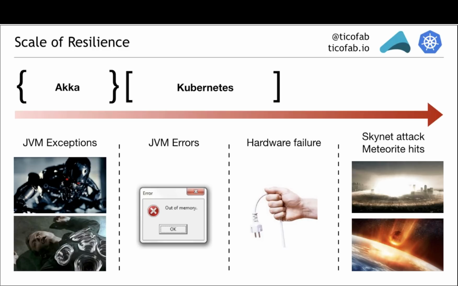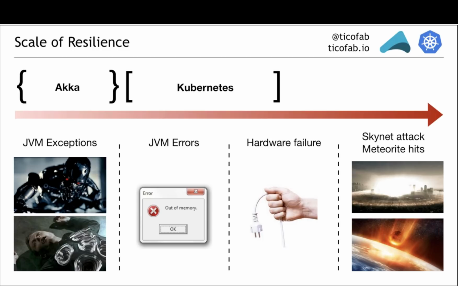Also, Kubernetes helps you a little with some hardware failure. So let's say a whole virtual machine crashes, then maybe Kubernetes can do something to restore the pods that were running on that virtual machine, maybe spin them up on another virtual machine.